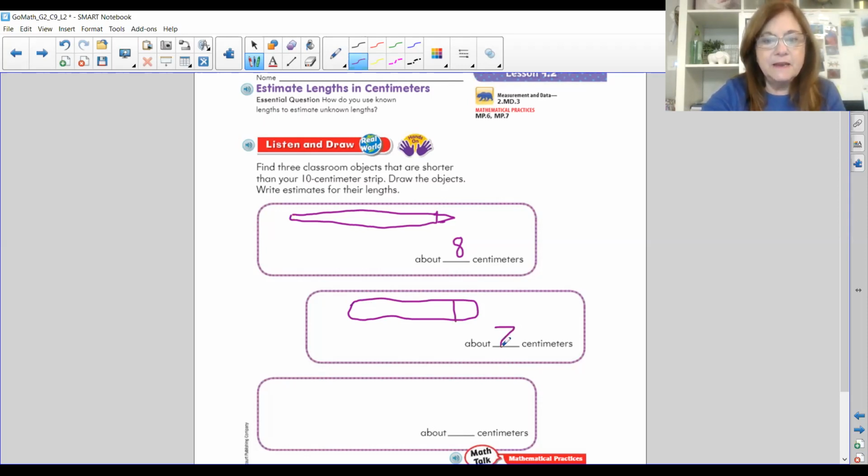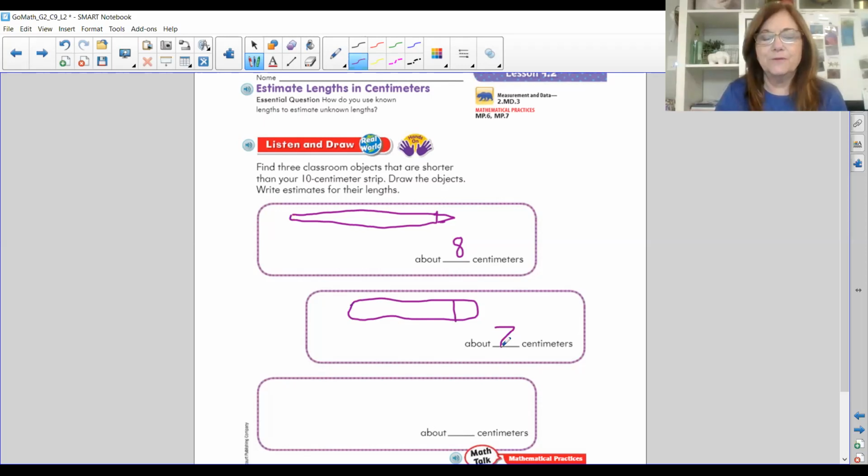And then, okay, so I don't have my ruler, I'm just estimating, good guess. So if this is 8 and the glue stick is shorter at 7, and this little charging cube is even shorter. So if this is 7, and then I hold the little charging cube up to that, I don't know, maybe 2 or 3.